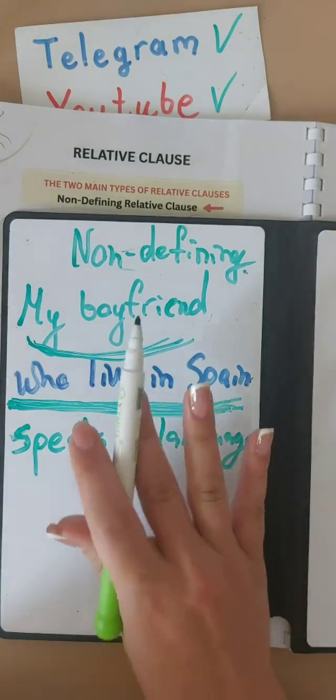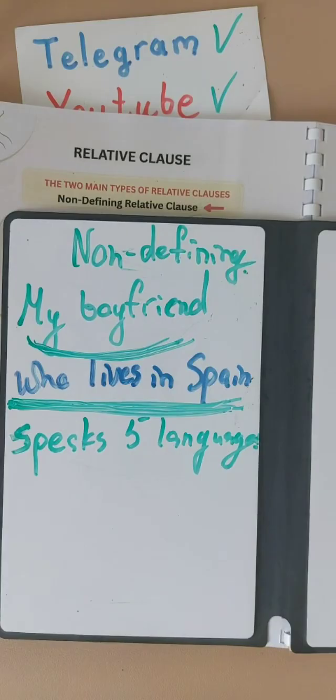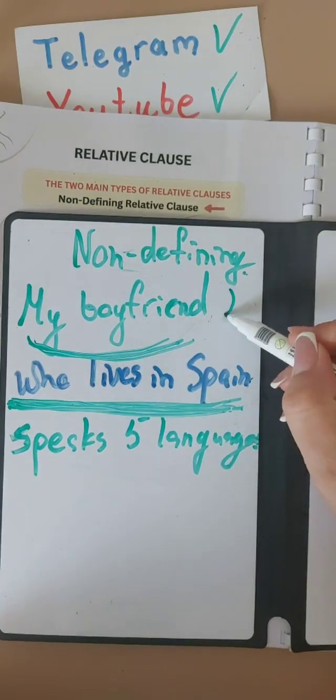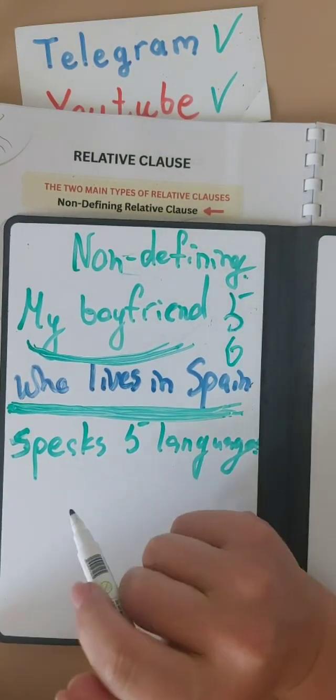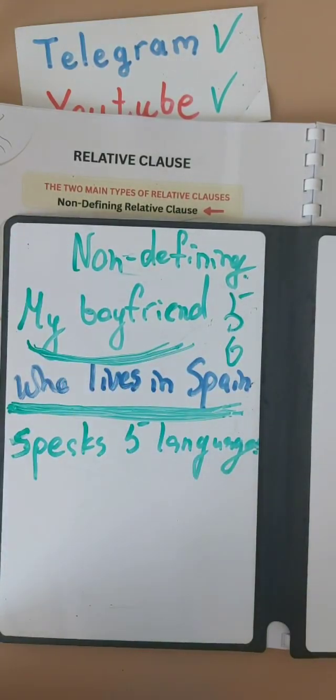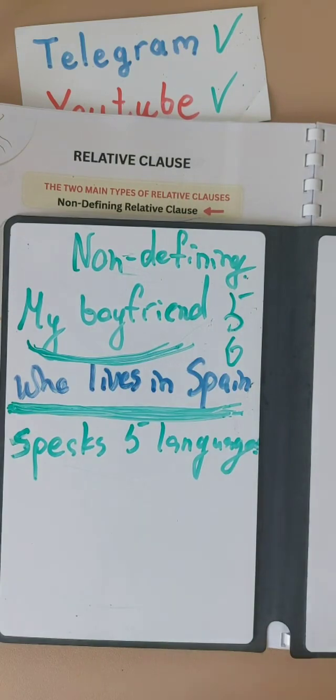You use this information to identify which boyfriend speaks 5 languages, okay? That means you have maybe 5 boyfriends or 6. And the one who lives in Spain speaks 5 languages. The other one who lives in the US doesn't speak 5 languages. The one who lives in Spain speaks 5 languages, okay?